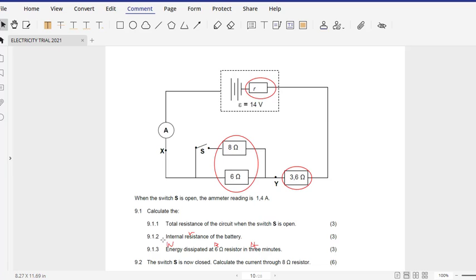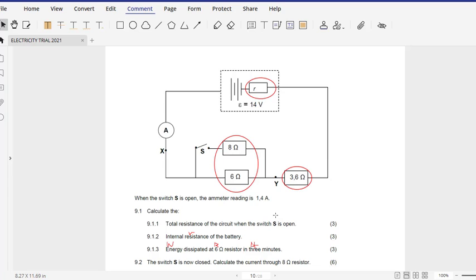And then we look at the next question, which is 9.1.2. It says calculate the internal resistance R of the battery. So now we have the external resistance of 6 plus 3.6, which is 9.6, with the switch still open.